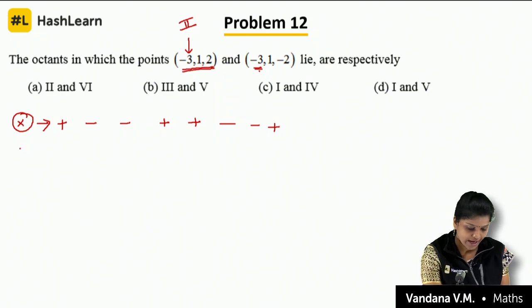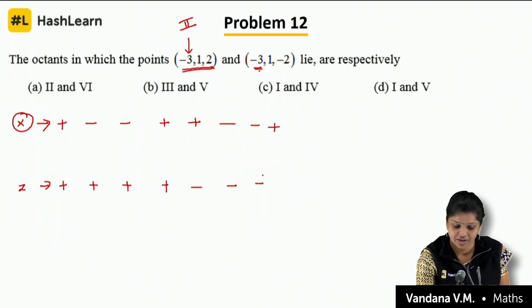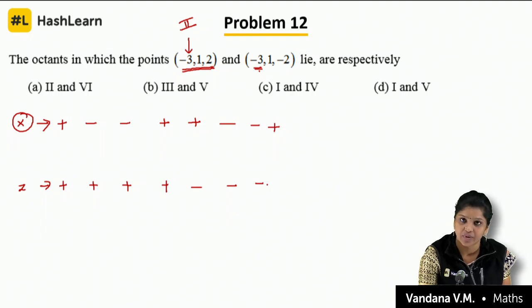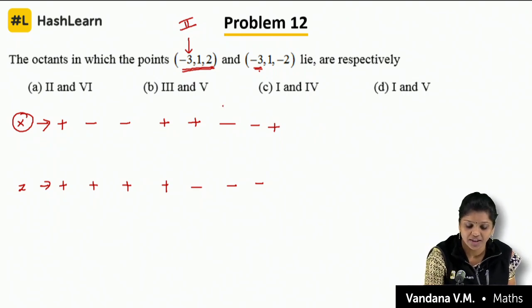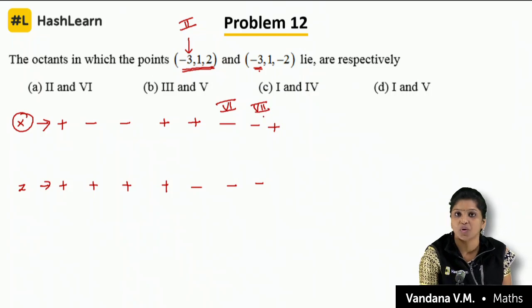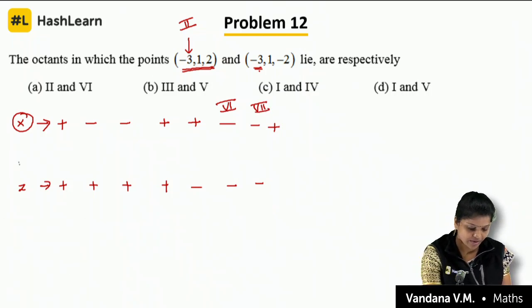I do not know, then I will write the Z. What is Z? Because there only it is varying, plus, plus, plus, plus, minus, minus, minus. So, both are negative, where here again, still I am in the dilemma whether it is in the 6th octant or the 7th octant, because both x and z are negative. So, now please write the y values.